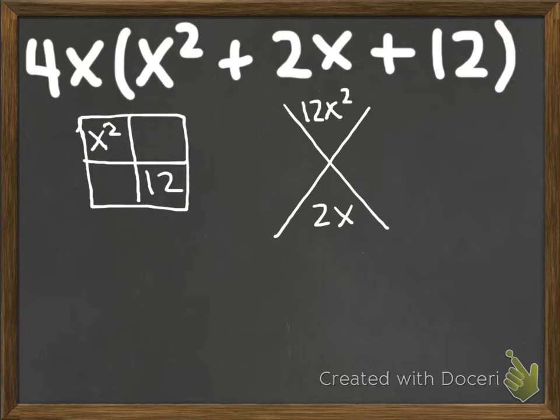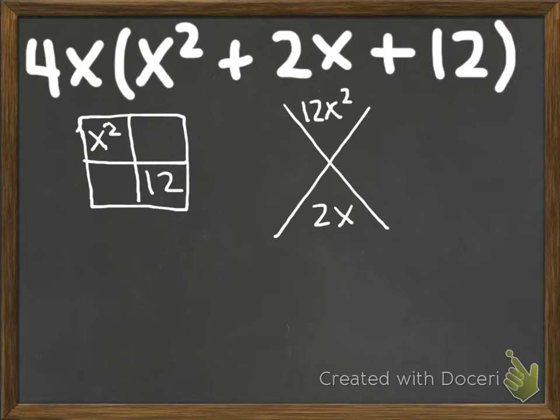Now let's try the numbers 3x and 4x. 3x and 4x can multiply to equal 12x squared, but when you add them, they equal 7x and not 2x. Therefore, you cannot use these two to complete the diamond.